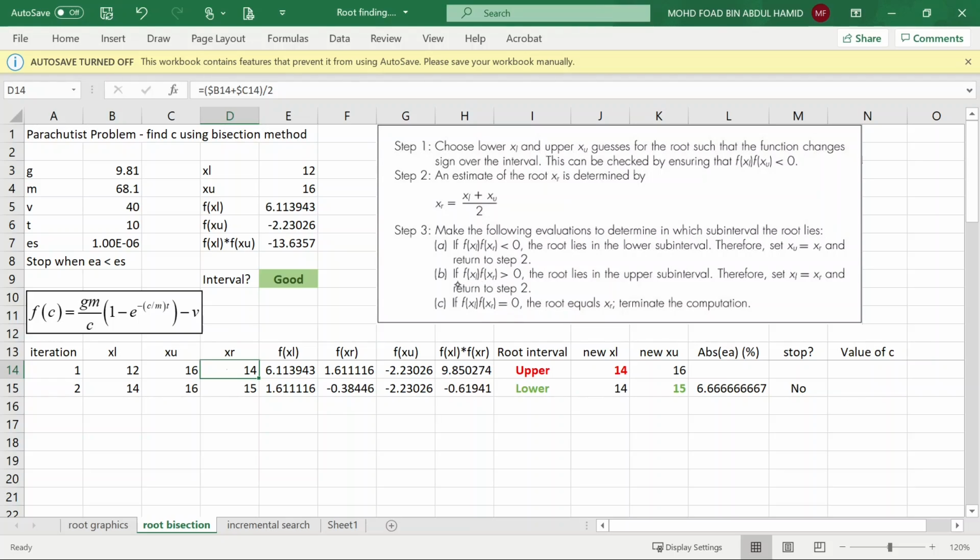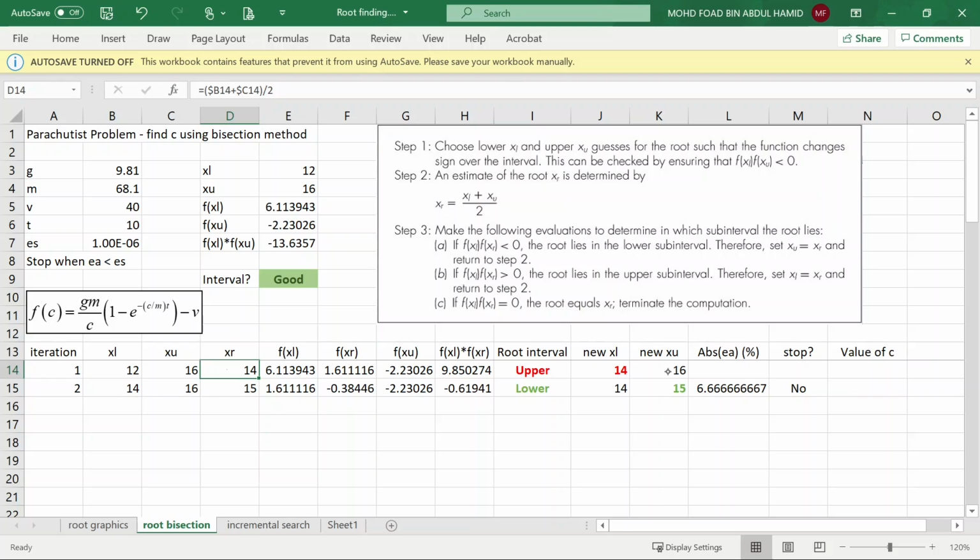If the product is positive, the root lies in the upper interval. My Excel already tells us that this is the upper interval. Therefore, set XL equal to XR. My new XL must equal the previous XR, which is 14. So my bracket now is 14 and 16.